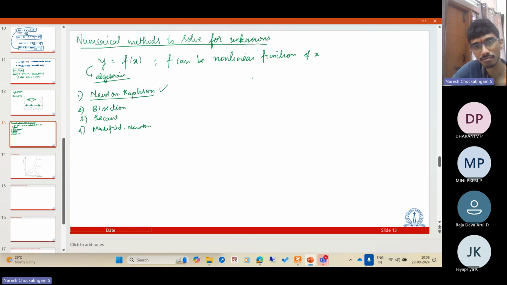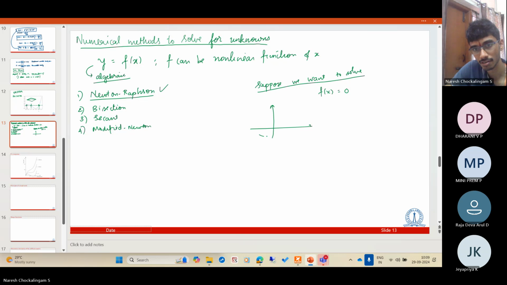Suppose we want to solve some f of x equal to 0. Right, so f of x can be some nonlinear function. It doesn't have to be a polynomial, but it can be like this. So this is the root. Suppose x is the actual root, and I want to get to this point.